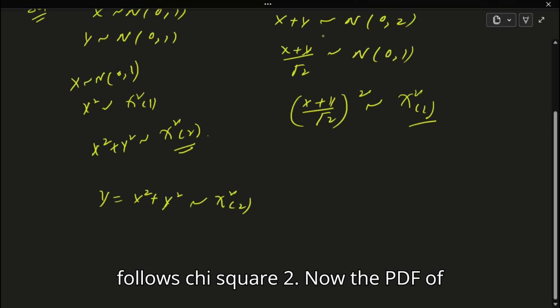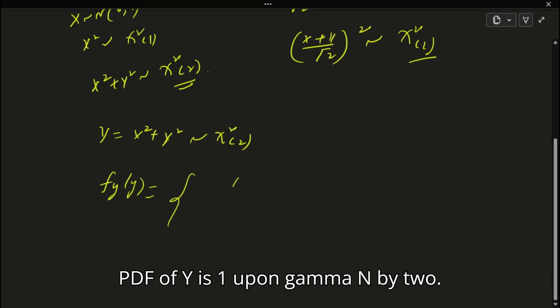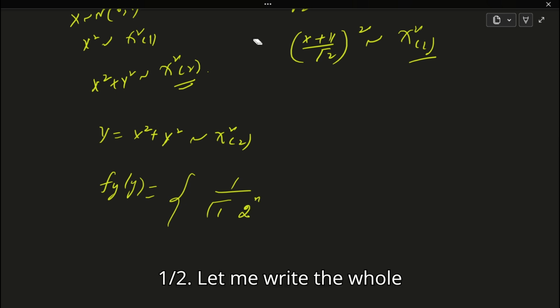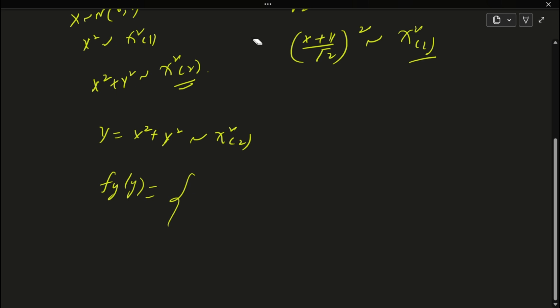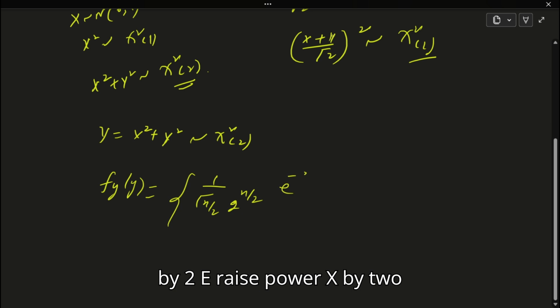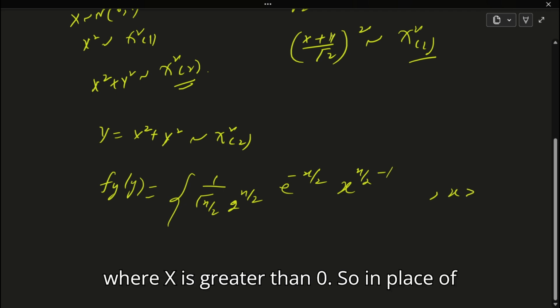Now the PDF of y is 1 upon 2 to the power n by 2 gamma n by 2, e raised power minus x by 2, then x to the power n by 2 minus 1, where x is greater than 0.